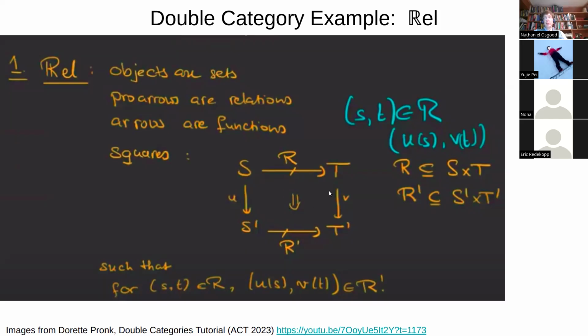And a square exists if and only if it's thin, also called flat.